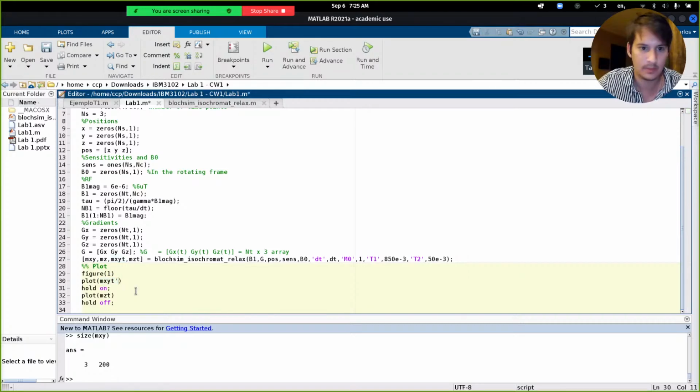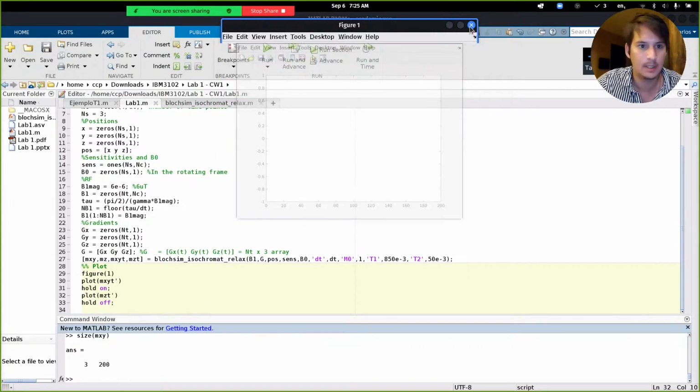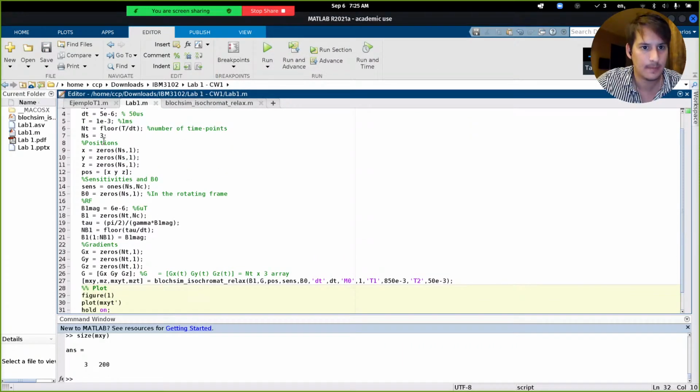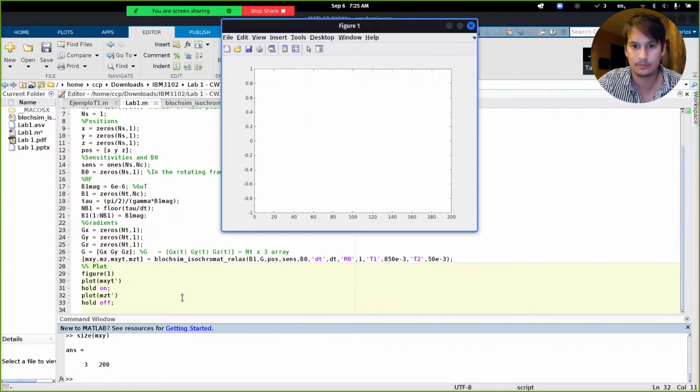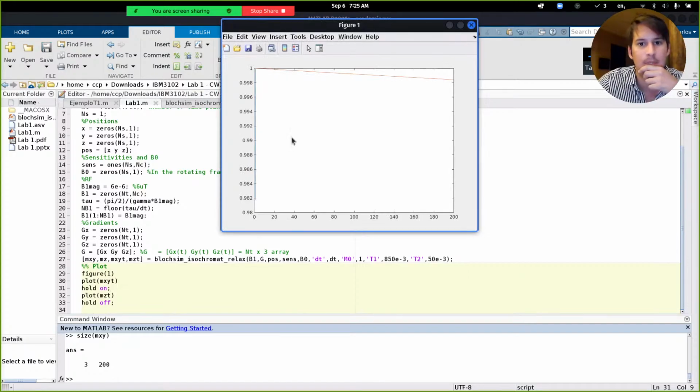Need to transpose this. Yeah, right. Let's just put the one, so it's easier to see. There, okay.